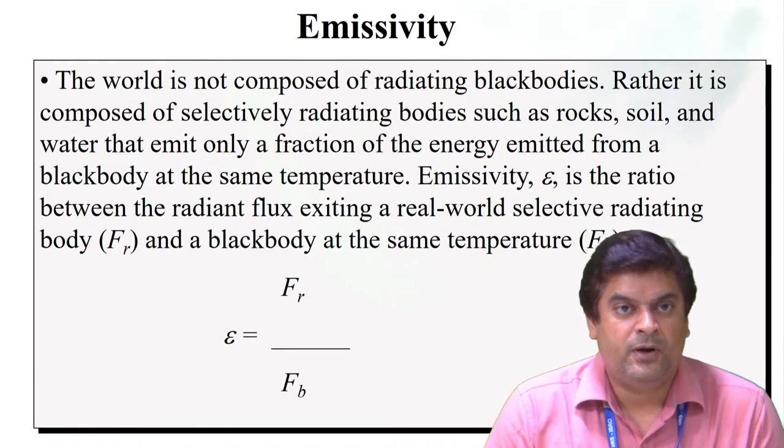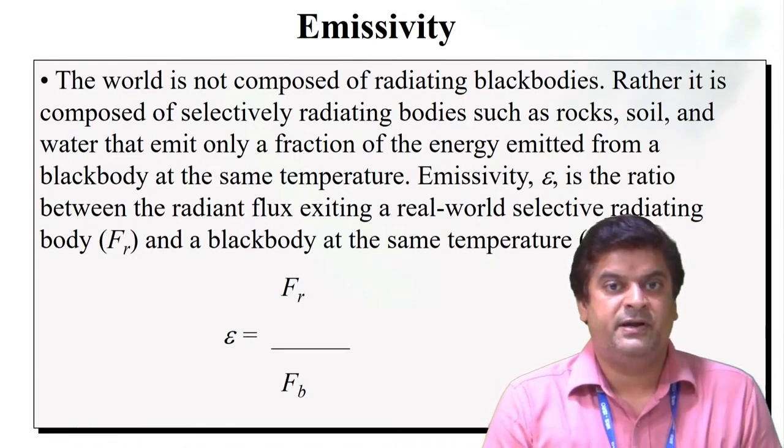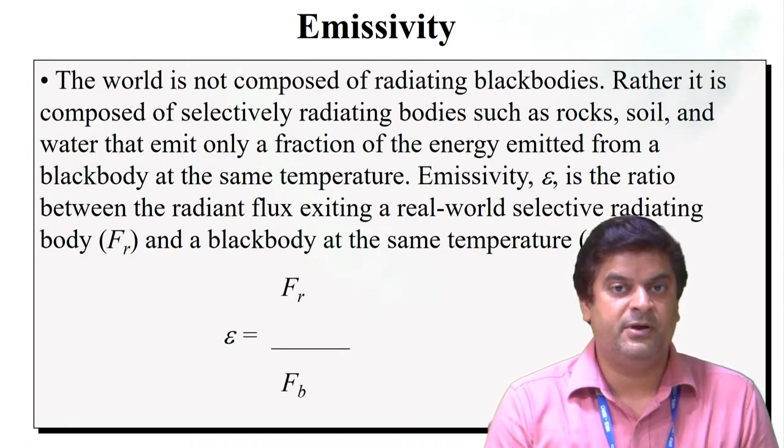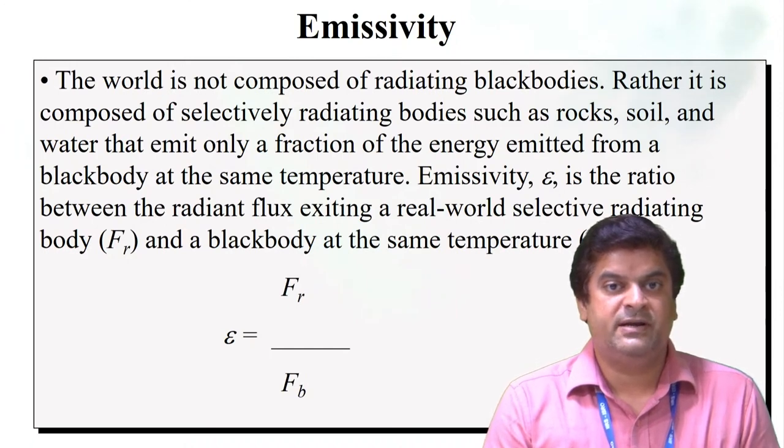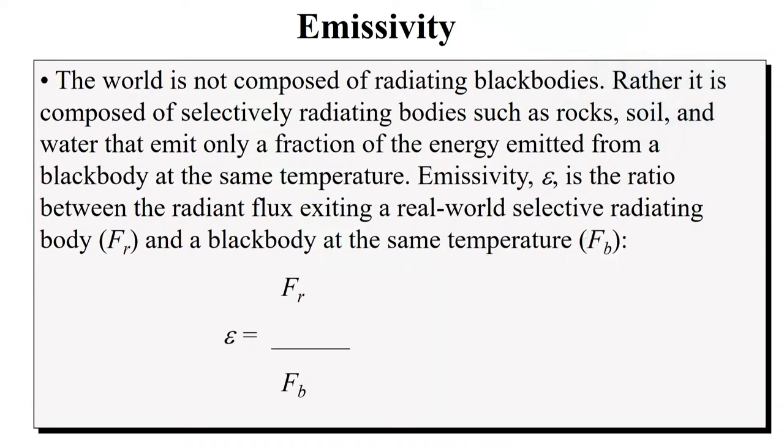Now, the world is not composed of radiating black bodies, because here we have seen that the emissivity of the black body will be 1. Rather, it is composed of selectively radiant bodies such as rock, soil, and water that emit only a fraction of the energy emitted from a black body at the same temperature. Emissivity epsilon is the ratio between the radiant flux exiting a real world selective radiating body and a black body at the same temperature.